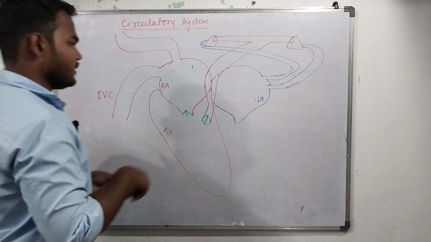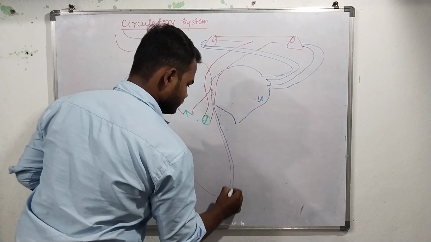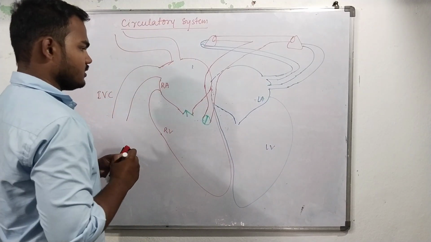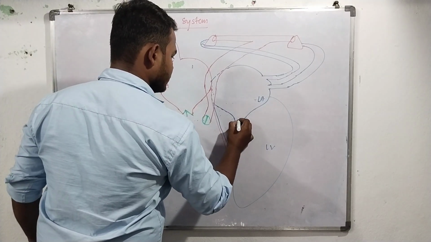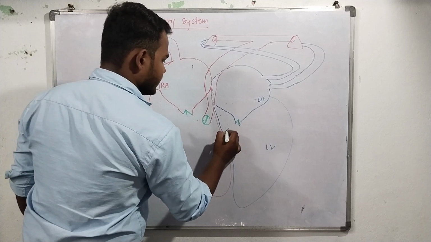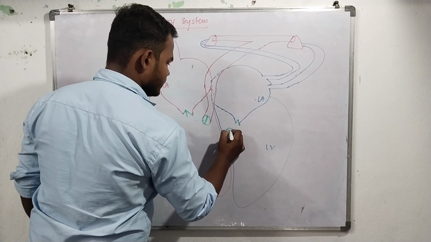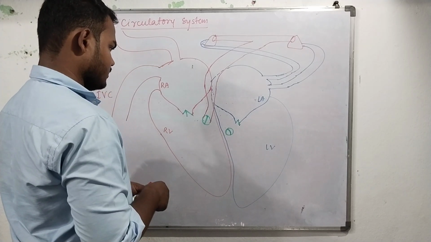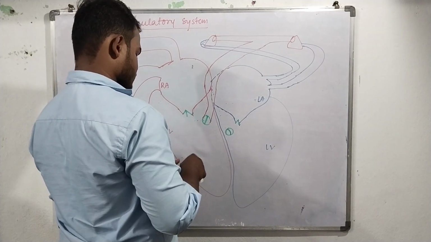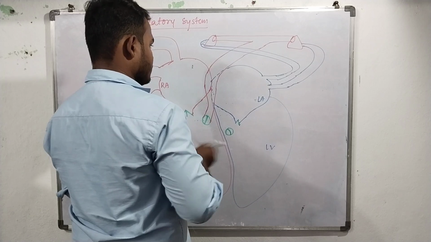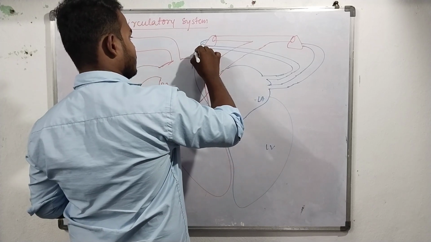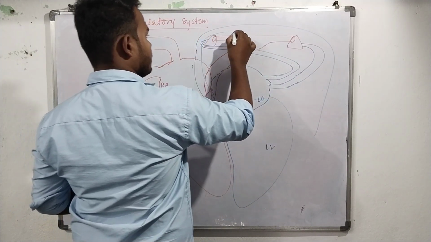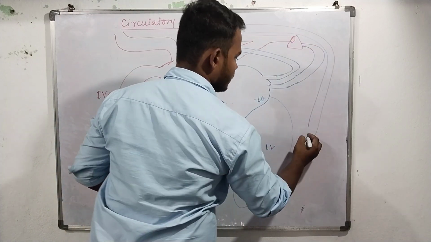From left atrium the blood is drained into the left ventricle by the valve, here the bicuspid valve, and another valve that is present here is called the aortic valve, that takes the blood to the whole of the body.